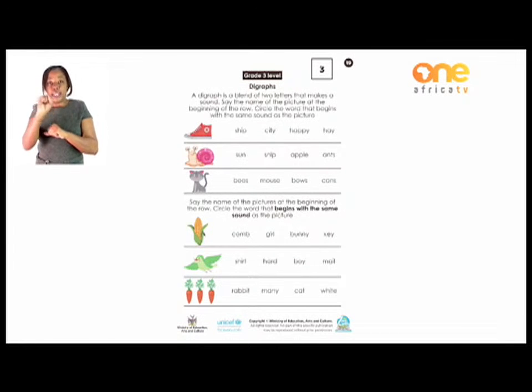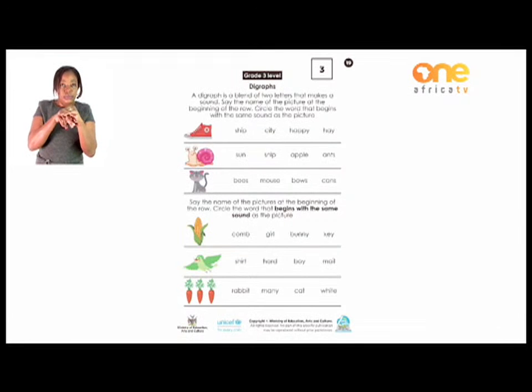Now, which one there do you think is the word that is having those 2 blending letters together? Number 1 is a sheep, a city, happy, and hay. Which word gives the sound of the picture? The second picture there, check it. Check that picture there.